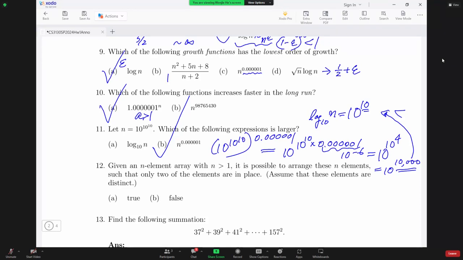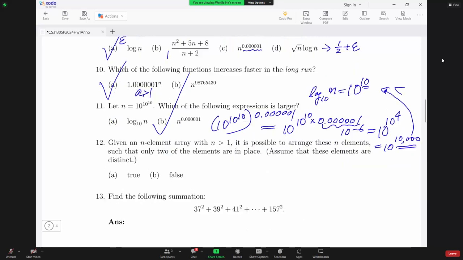So you can see, although you see so many zeros, you can still overcome all those zeros, because your exponent has enough digits in the power of 10. So that's number 11.